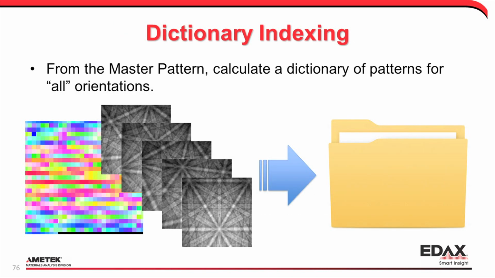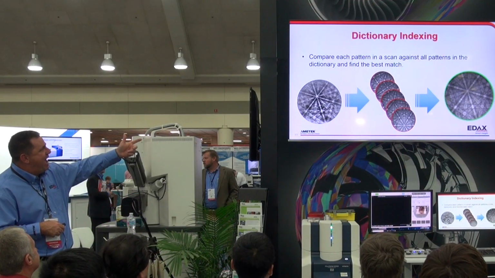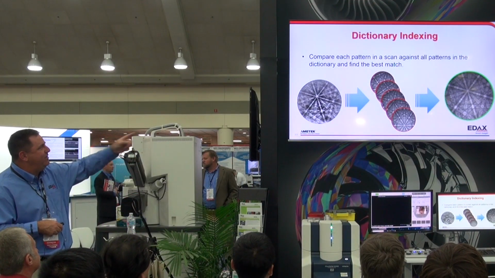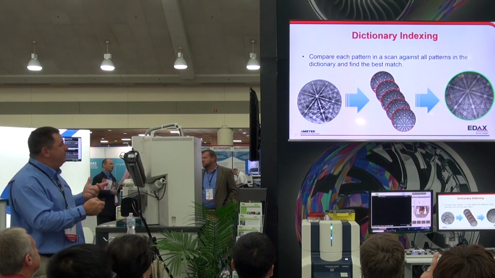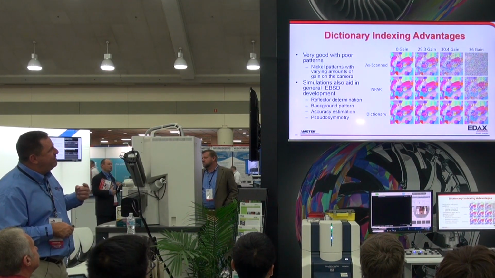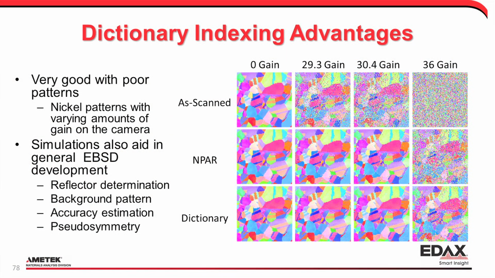Another application is dictionary indexing, where for a given sample, we create what we call a master pattern of all orientations. We throw that into a library. We then take a pattern, compare it to all the patterns in that library, and find the best match. This shows some of the indexing. As your patterns get worse, your dictionary indexing, your pattern matching, actually works pretty well.